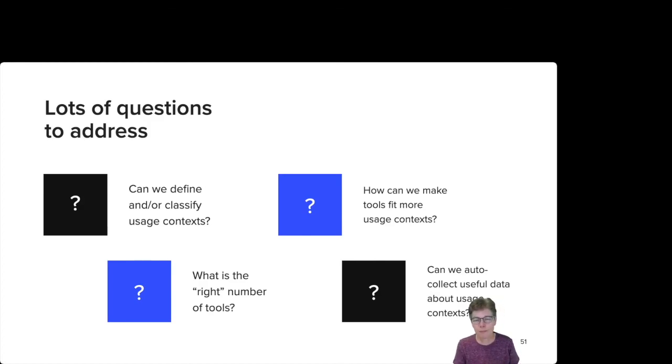And how might we auto-collect useful data about those usage contexts, particularly as we start putting tools out into broader deployment? And overall, I think we have a lot of work to do in thinking about what is the right number of tools. How many tools do most developers need in their toolbox?